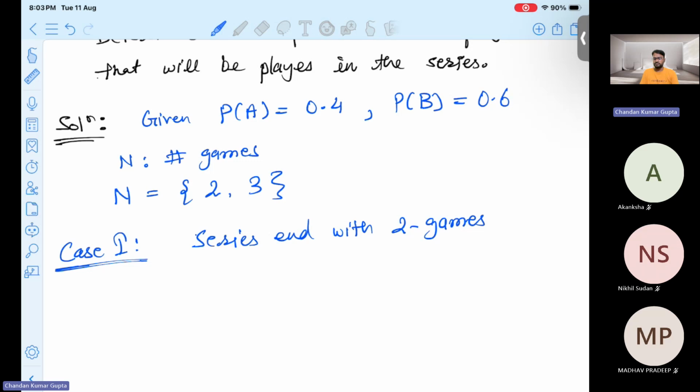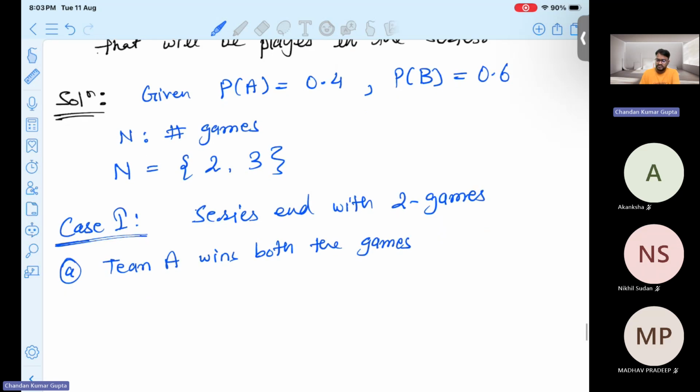In that scenario, either team A will win both the games or team B will win both the games. So team A wins both the games, and eventually team A wins the series.